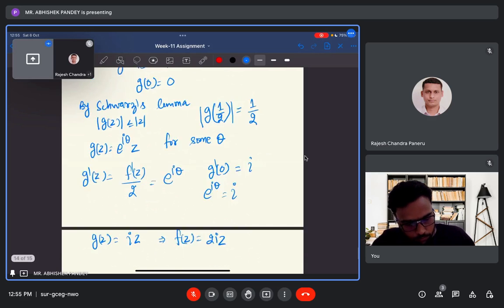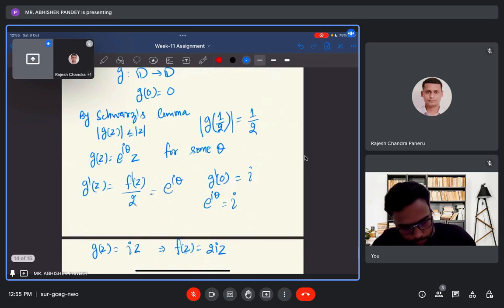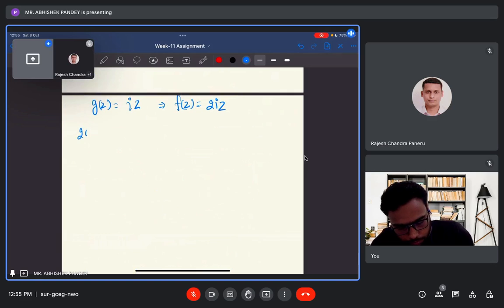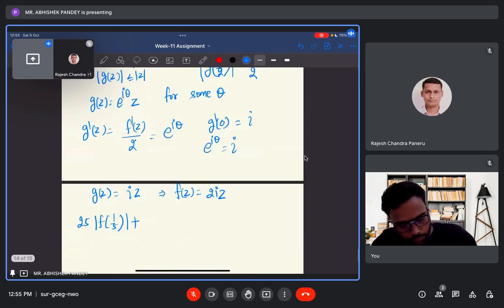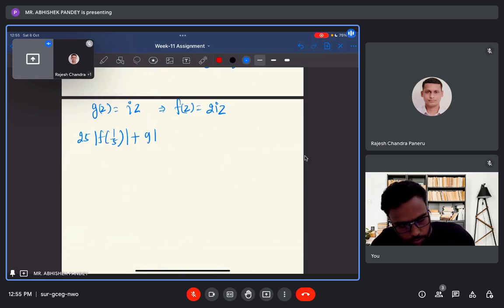Now you can calculate. 25 into modulus of f of 1 by 5 plus 9 into modulus of f of 1 by 3 plus 1.